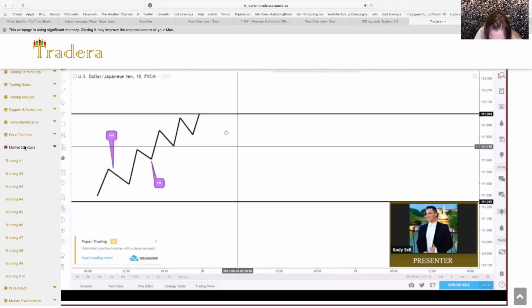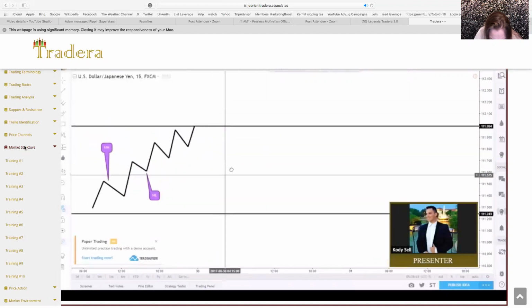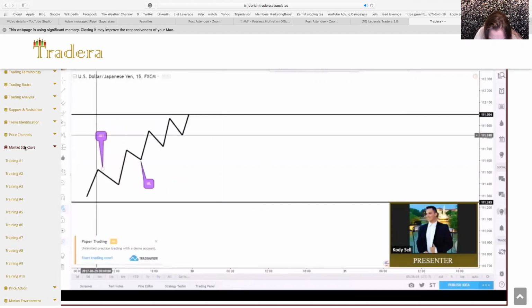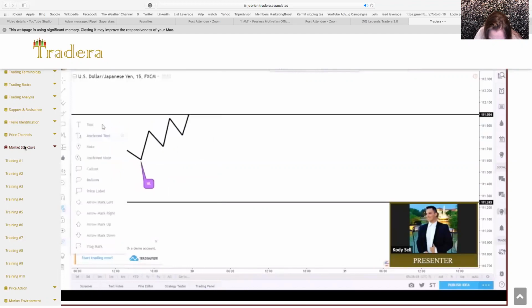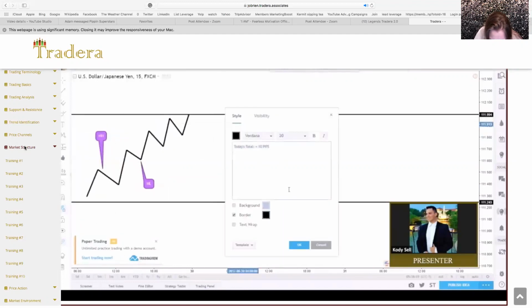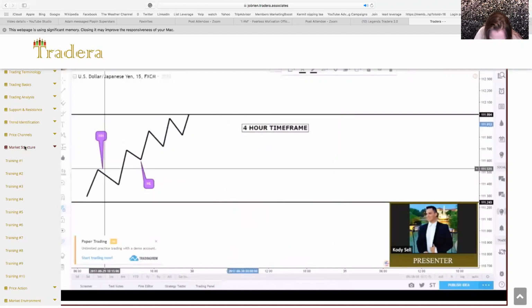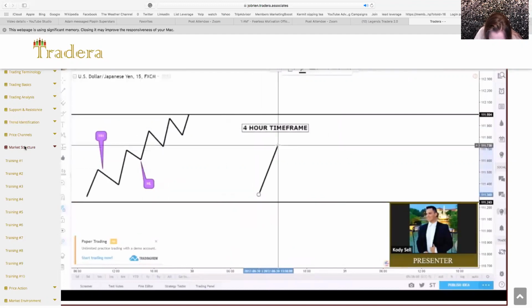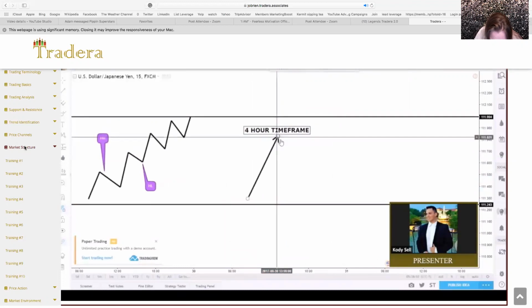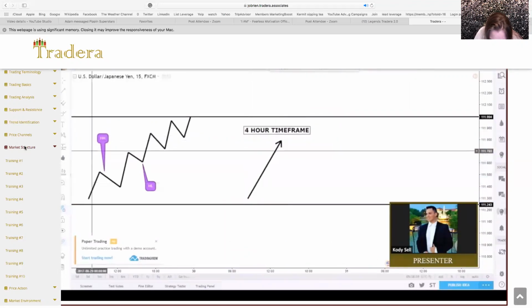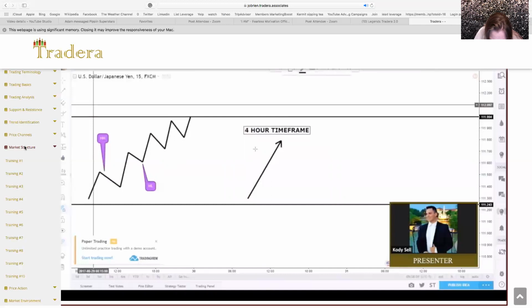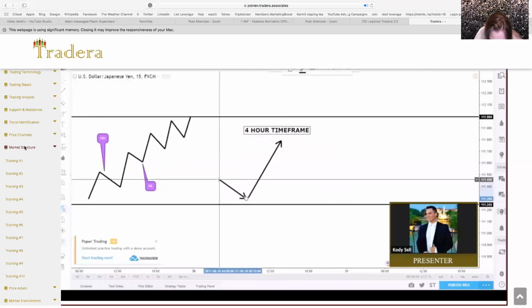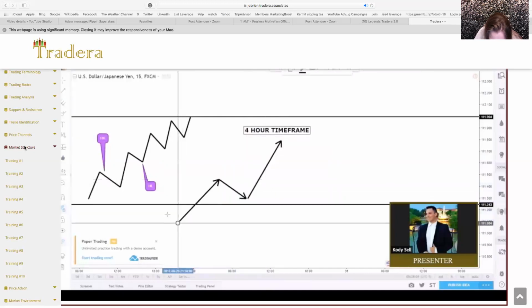Now I wanted to ask you guys, so let's say that, for instance, I am on the 4-hour time frame. And I'm looking at price, and price is shooting up. Now, on this time frame, this might be a part of a much bigger move here, right?